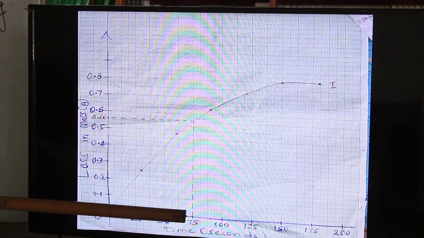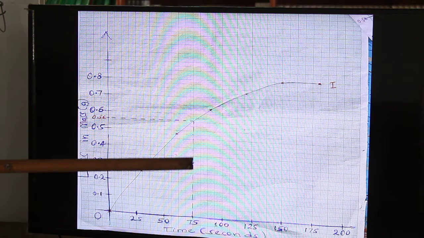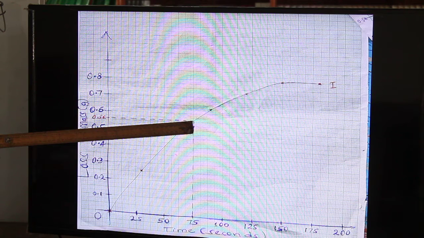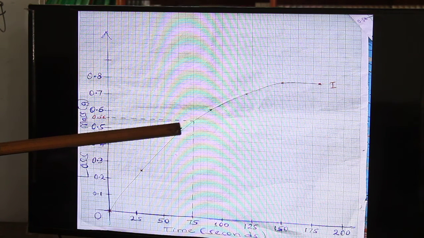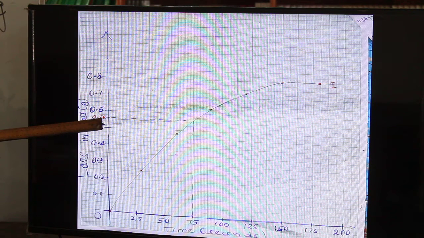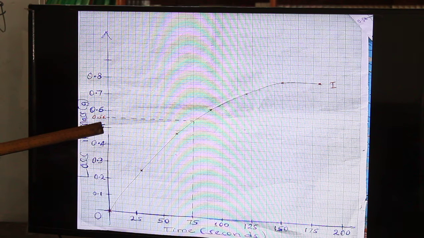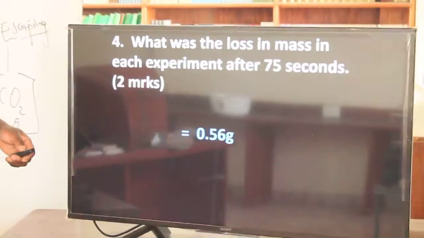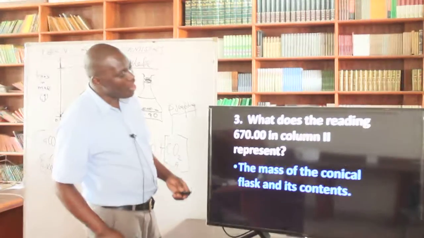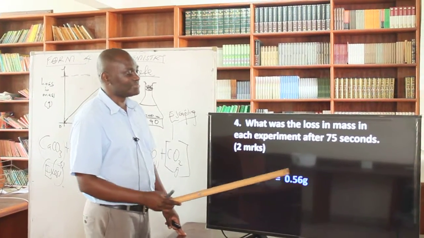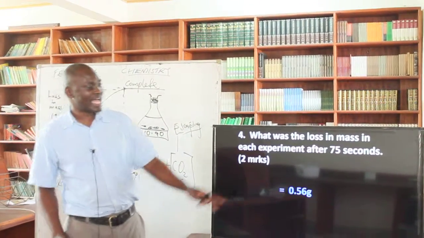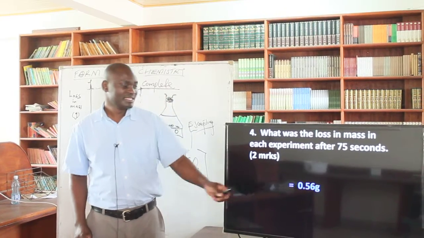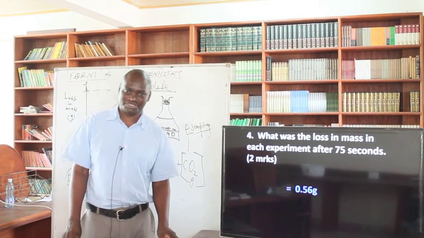After checking 75 seconds, you draw a dotted line to cut the curve. Then you also extend the dotted line to cut the y-axis. Then you read. From here, it is 0.56. So the loss in mass at 75 seconds from the graph is 0.56 grams.